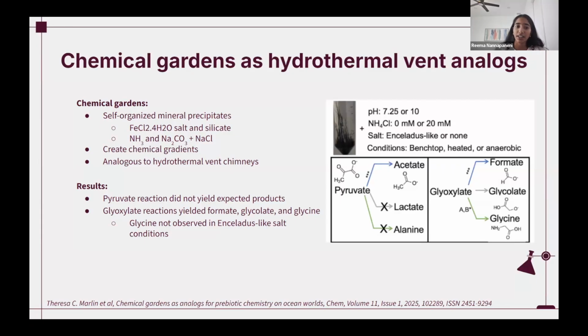Under certain early Earth-like conditions, they did observe the formation of glycine from glyoxylate in the presence of ammonia. However, when they added salts intended to simulate the Enceladus-like ocean, they noted that glycine formation was actually inhibited. This supports the earlier idea that the surrounding geochemical environment strongly controls what chemistry organic molecules can actually undergo.